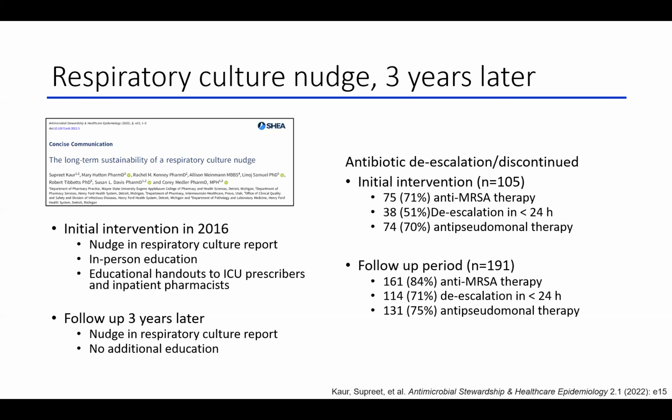And they found that they were able to maintain and even increase in some situations the antibiotic de-escalation or discontinuation. The initial intervention was 2016, and then the follow-up period was 3 years later. So you can see it had a lasting effect, and I think that's really important to point out as far as these stewardship interventions, because obviously we don't want them to work just during the 6-month study period.